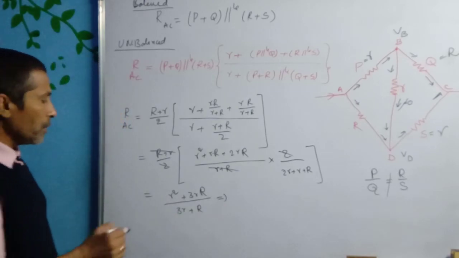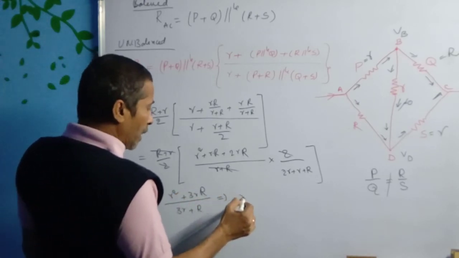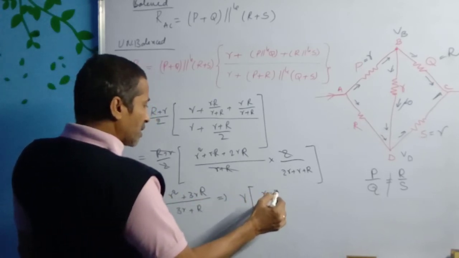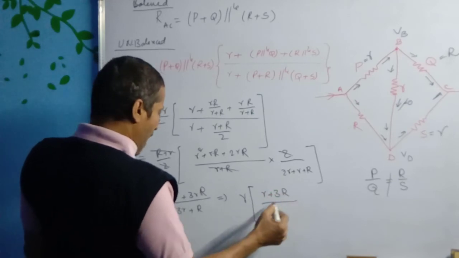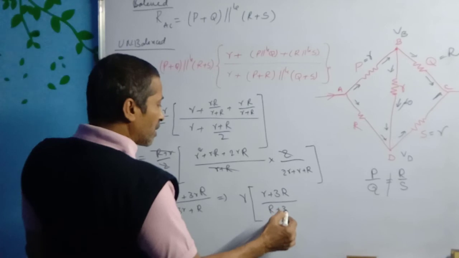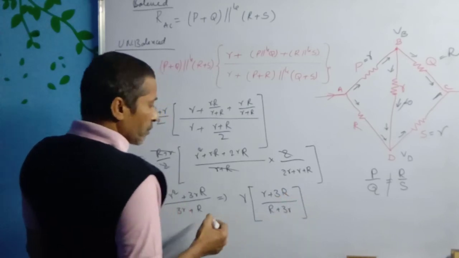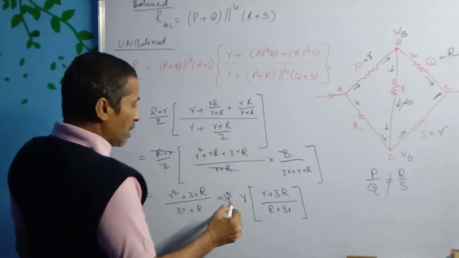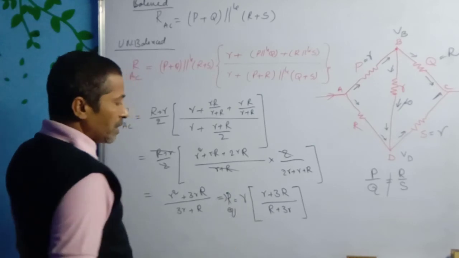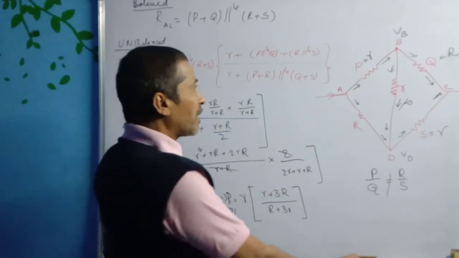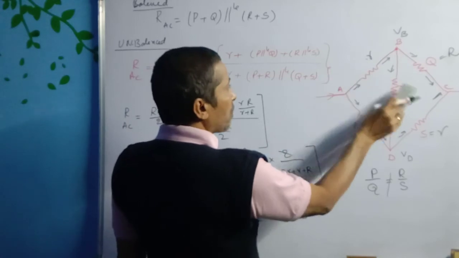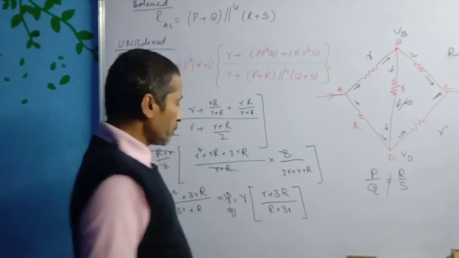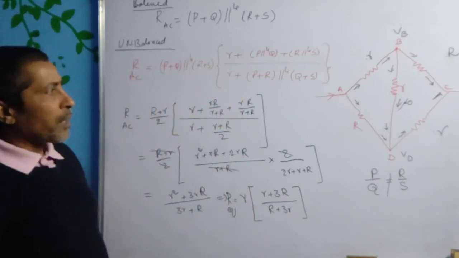Now taking small r common in the numerator, what formula are you getting? r plus 3 capital R by capital R plus 3r. This is the equivalent resistance for the unbalanced Wheatstone bridge. As an example, for the resistors small r, capital R and capital R, how do you remember this formula?